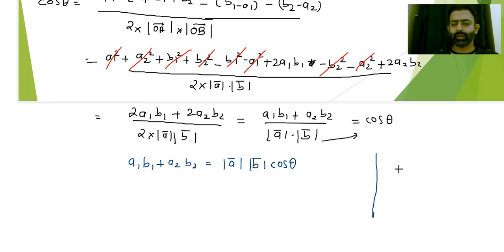let us say I have vector A as 2i cap plus 3j cap, and vector B is, let us say, minus i cap plus 5j cap.